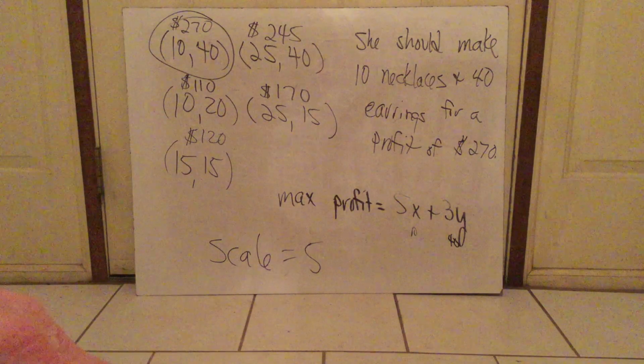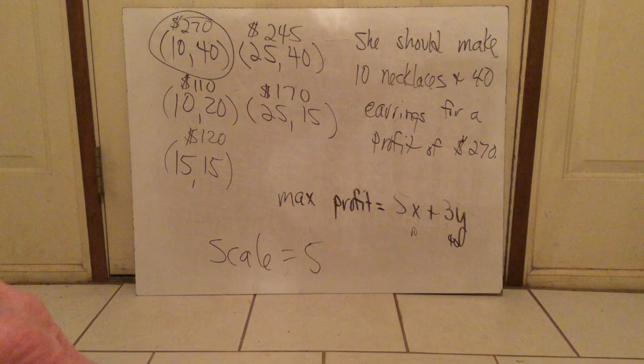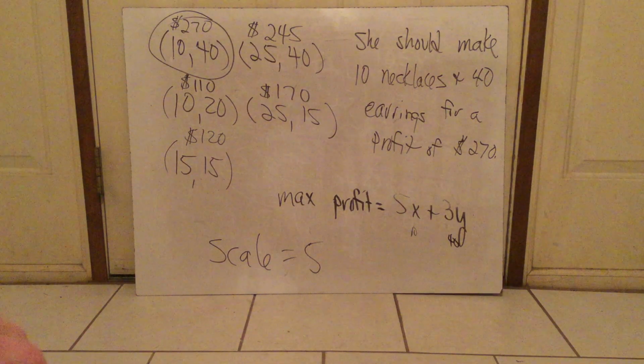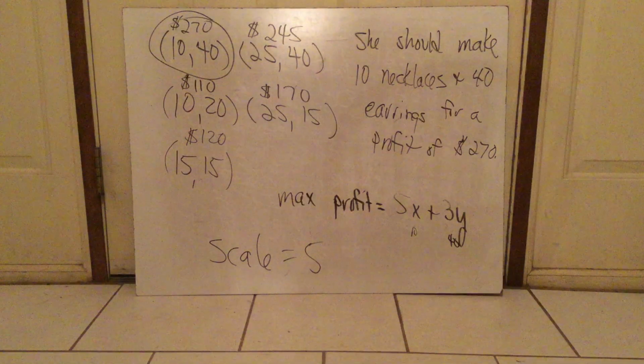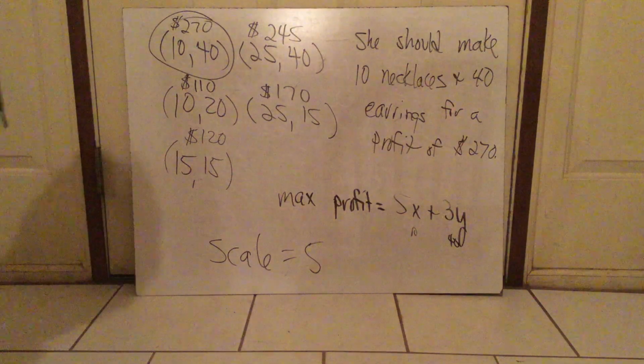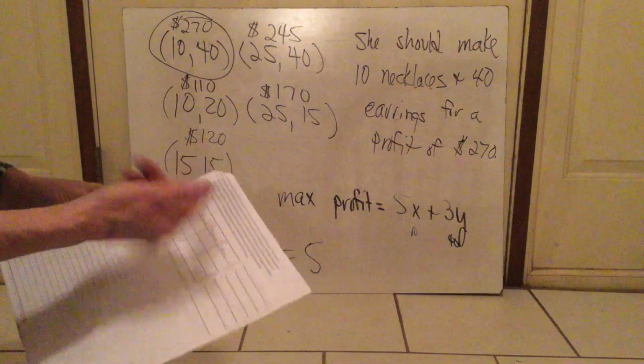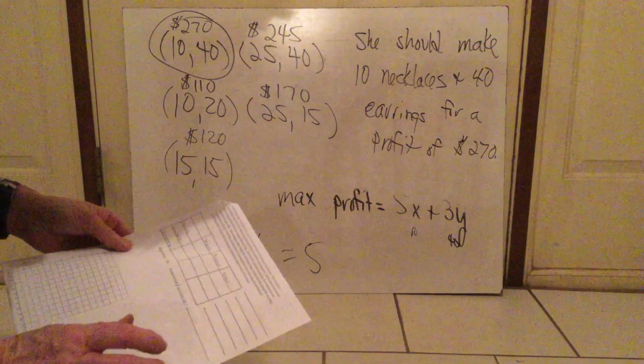All right, hopefully those are getting a little bit easier for you. Let's try one more. So I'm just going to go to the very next problem, which is problem 3.